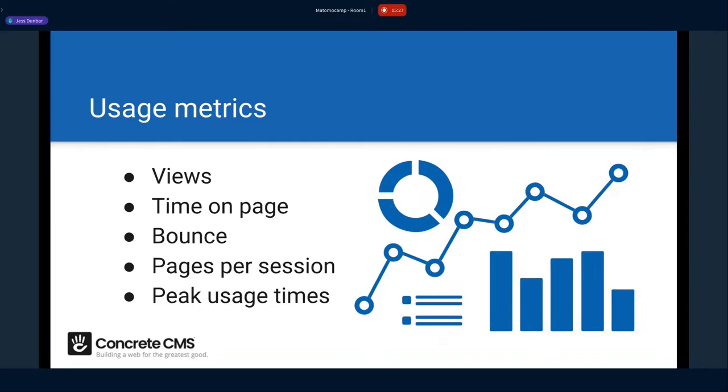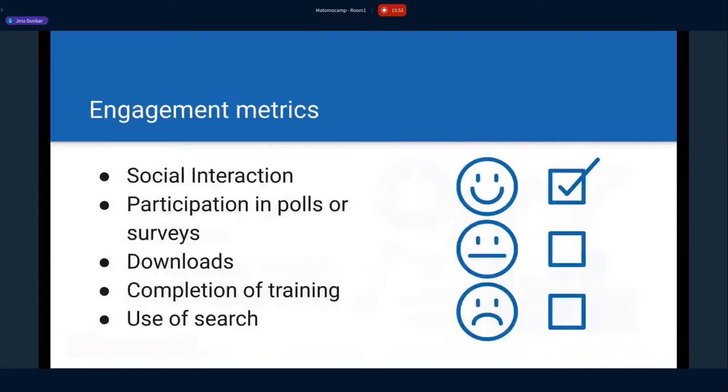So with each objective, I use one or two of these metrics at a time. I generally always have two. None of these metrics, except maybe the usage times, are going to be good to look at on their own. So viewing a bounce rate and how many pages per session or the time on page is going to be the way you want to be looking at your metrics.